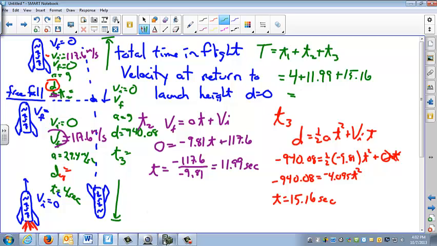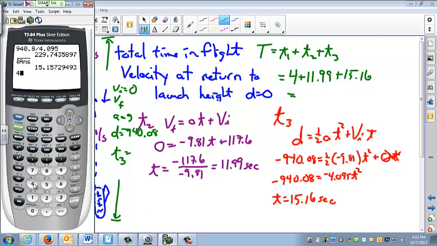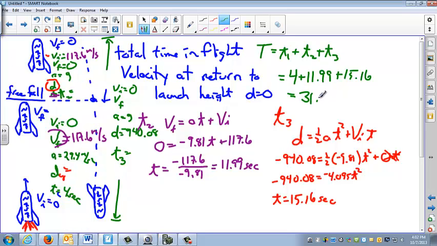So again, we'll just add those times up. 4 plus 11.99 plus 15.16 gives me a total time of 31.15 seconds.